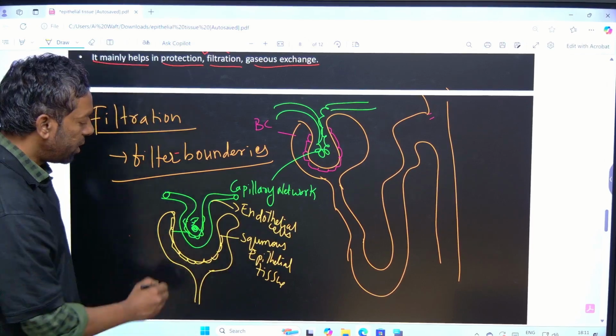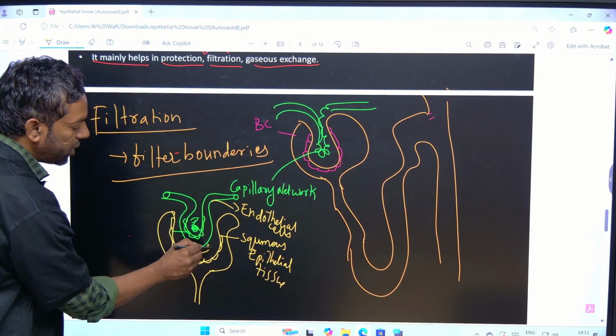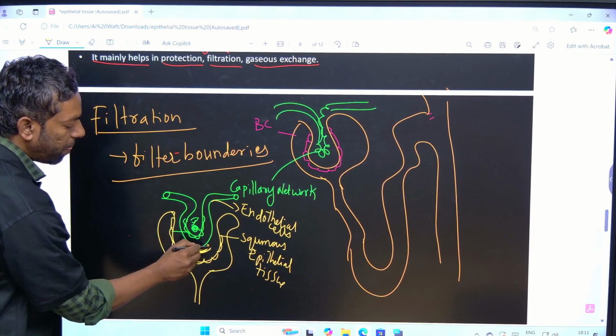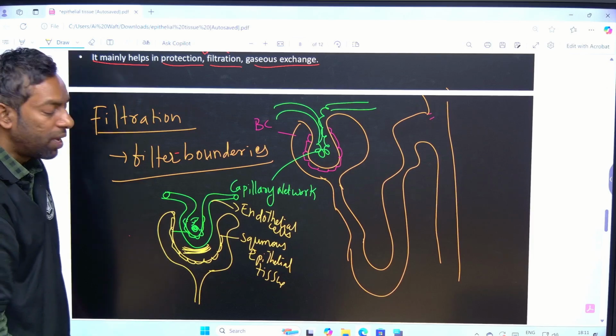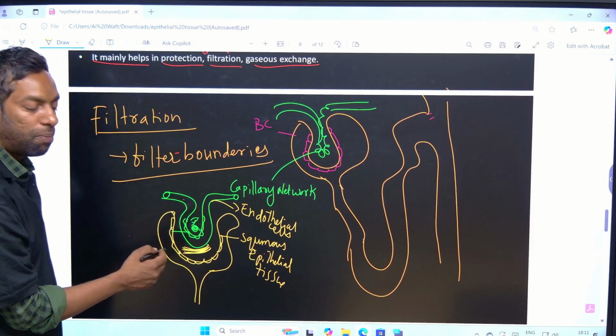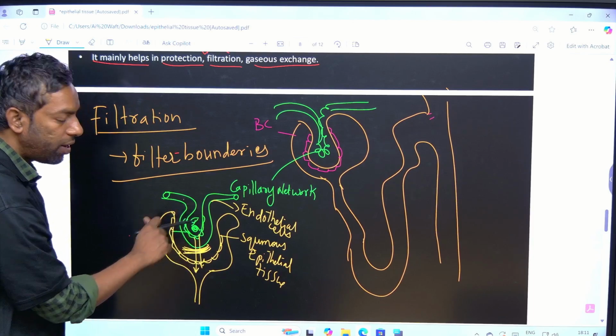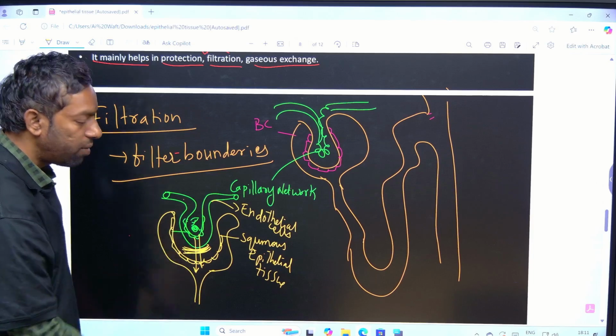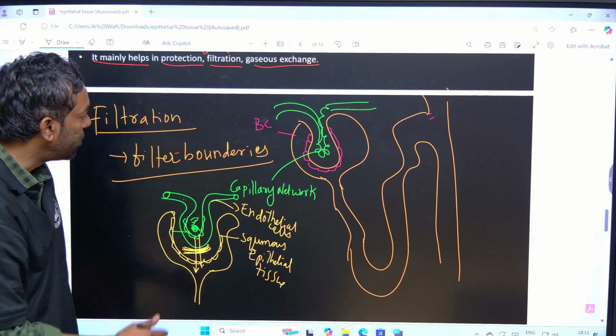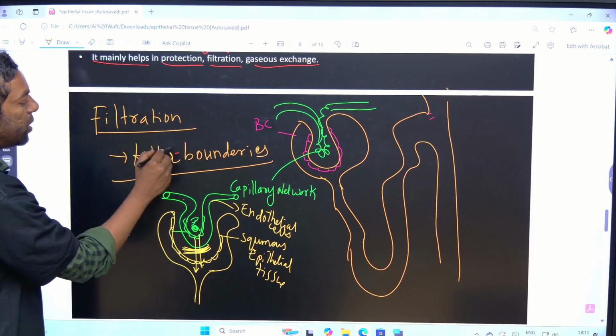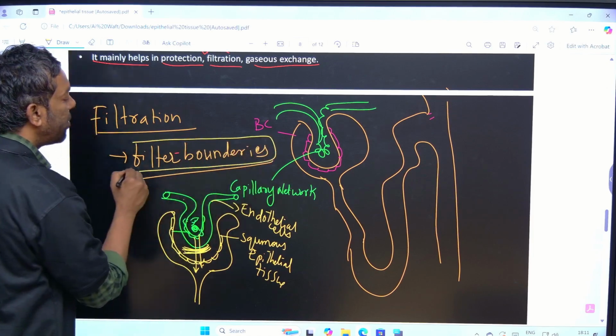Between them there is a basement membrane. The fluid from the blood, they can filter fluid and urea from the capillary network into the Bowman's capsule. So epithelial tissue is located in the filtration boundaries.